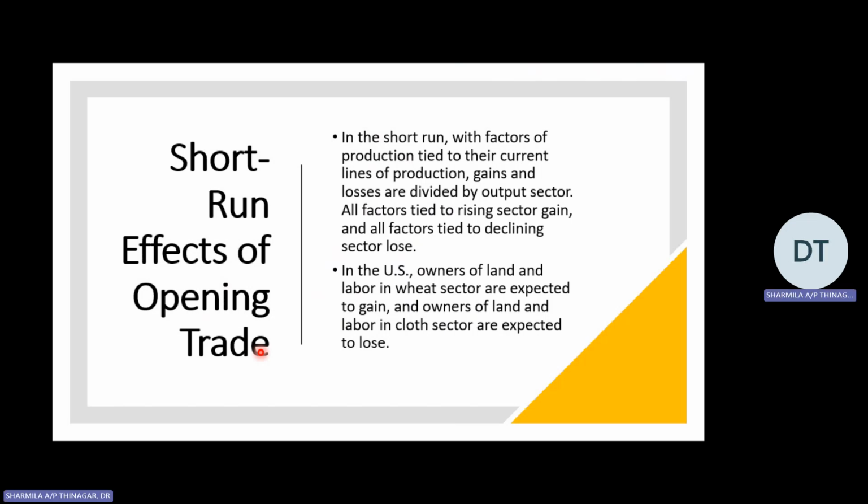Can you guys understand the concept? Based on the sentence, they say that owners of land and laborers in wheat production are expected to gain, whereas the owners of land and labor in cloth production are expected to lose. That means if they have lower production, I will just import cloth over here.